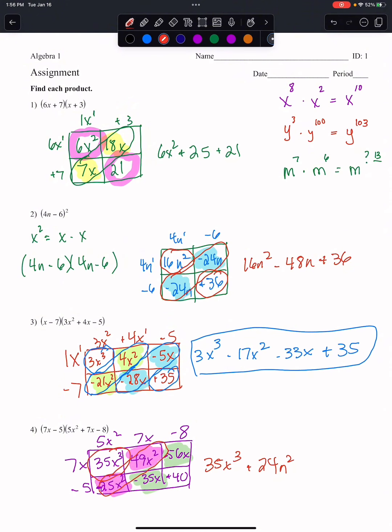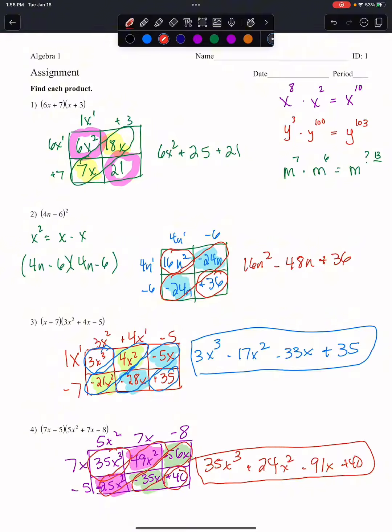That shouldn't even be an n, that should be an x, but you know what I mean. 24x squared. And then I got my negative 56 minus my 35x. That's a total of negative 91x. And my bottom right corner is positive 40.